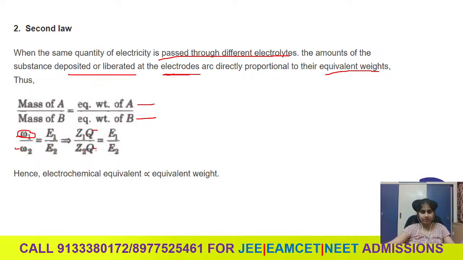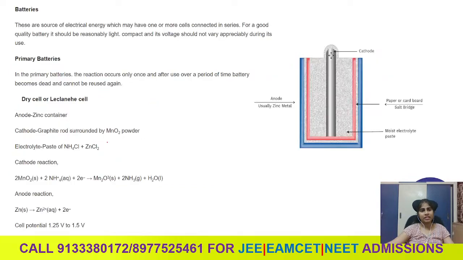That is, Q is kept the same, so Z1 of Q by Z2 of Q is equal to E1 by E2. It means the electrochemical equivalent is directly proportional to the equivalent weight. See, Z is directly proportional to E. So this is known as the second law of Faraday.